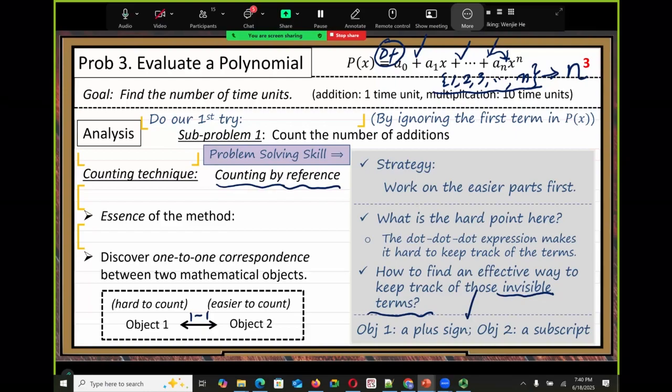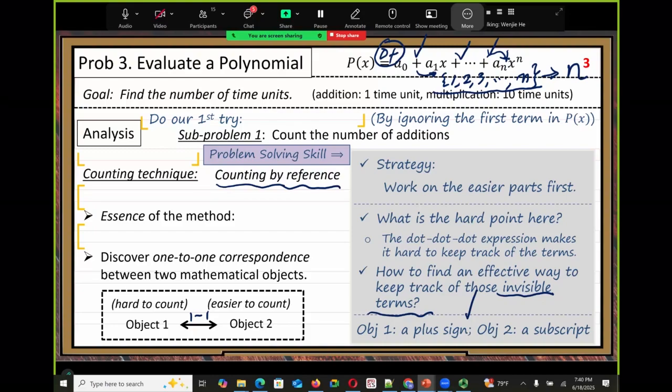So when you do your work, you need to pay attention to the little things. When you do the one-to-one correspondence, your first plus sign, you map it to the first subscript right after this plus sign. Right after, not before this plus sign.